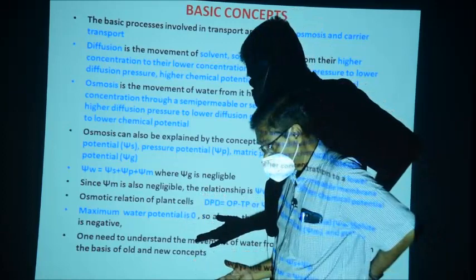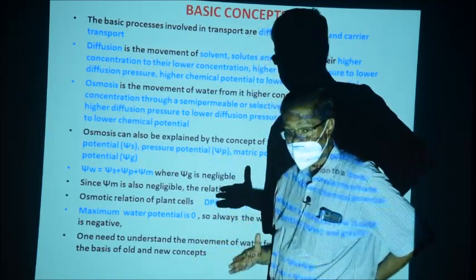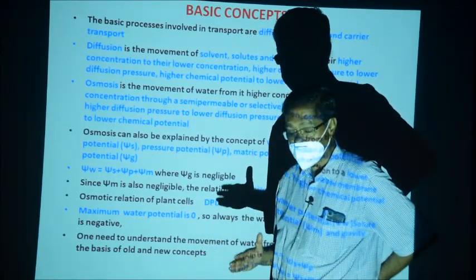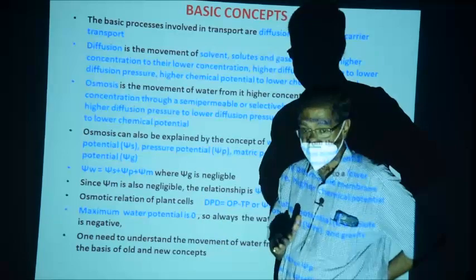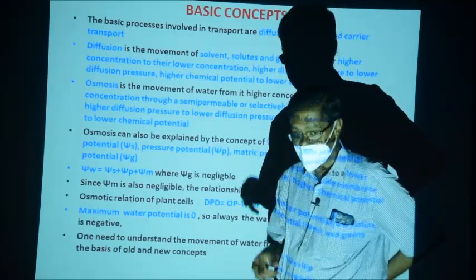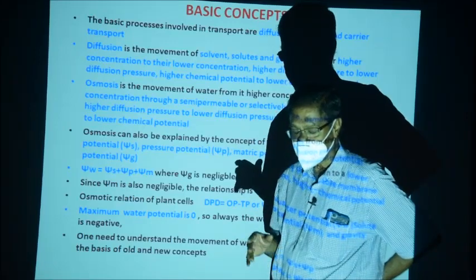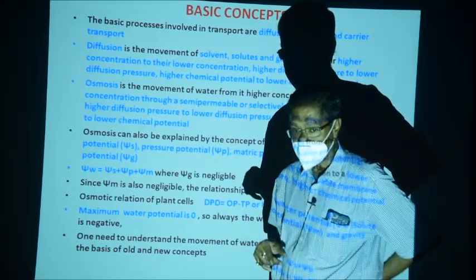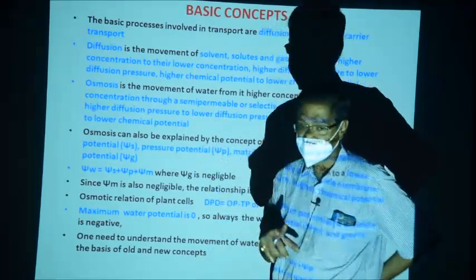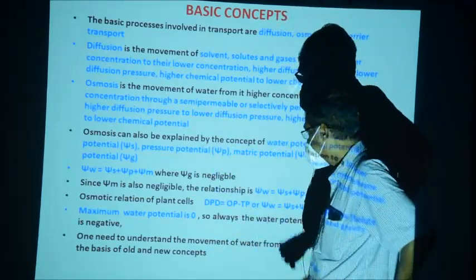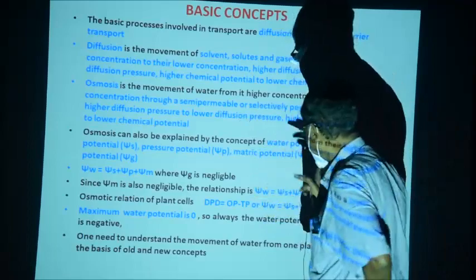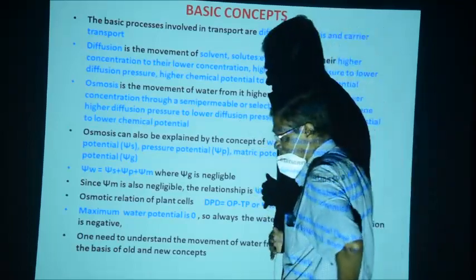So from higher solvent concentration to lower solvent concentration, that means from the lower concentrated solution to the higher concentrated solution. Now, osmosis can also be explained through water potential.